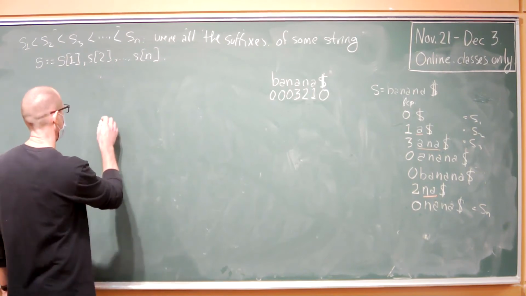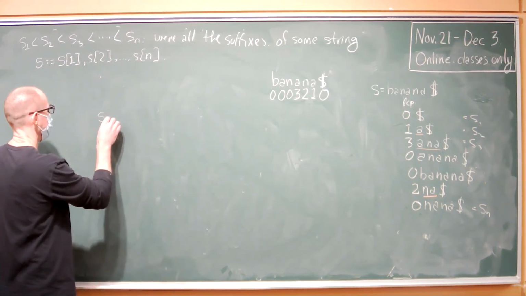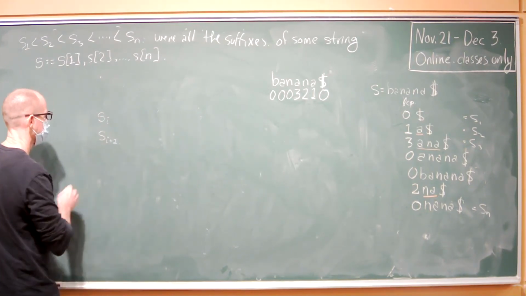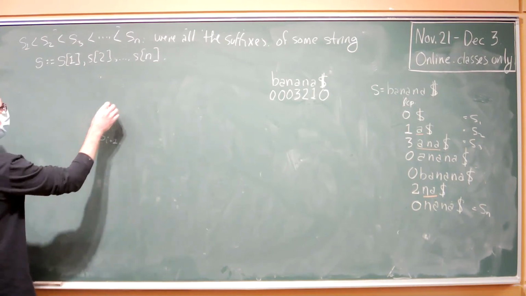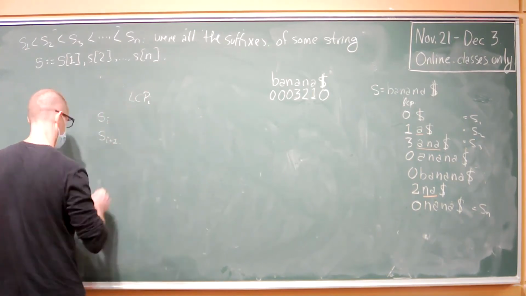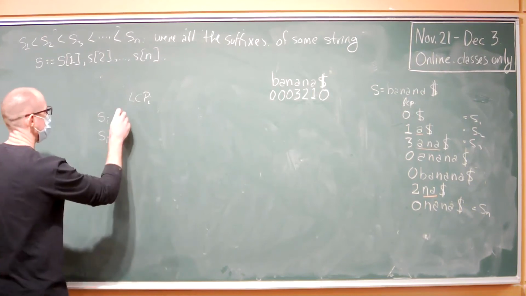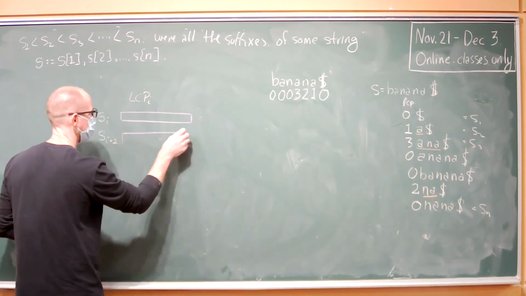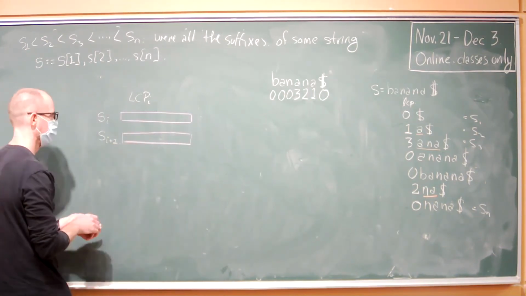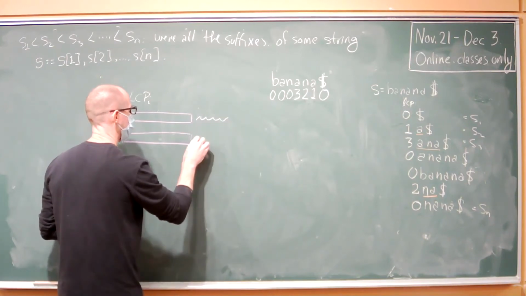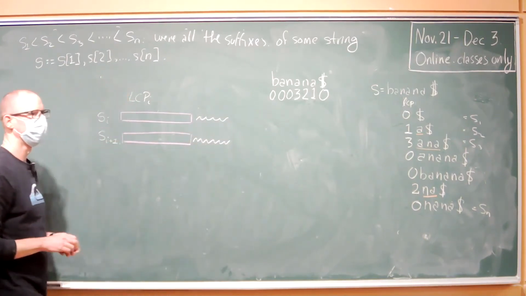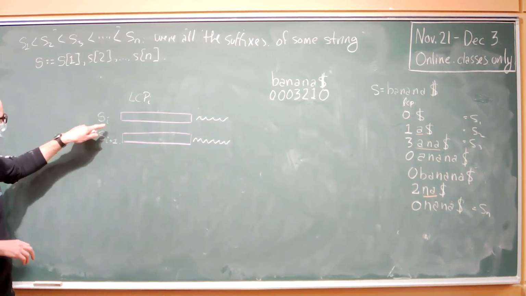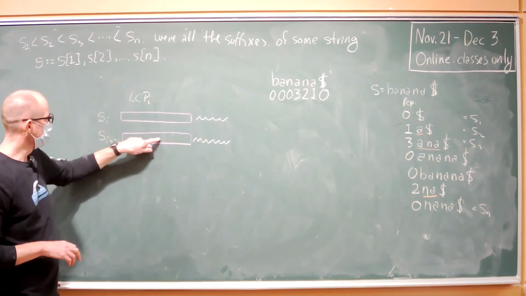So let's take a look at, we take S_i and S_{i+1}. Now, the LCP of i tells us how much these strings agree. And it says they differ after that. Okay. So I know that S_i and S_{i+1} differ at that and that.